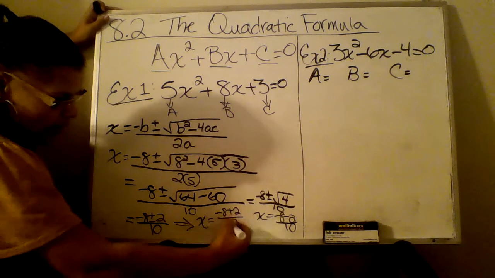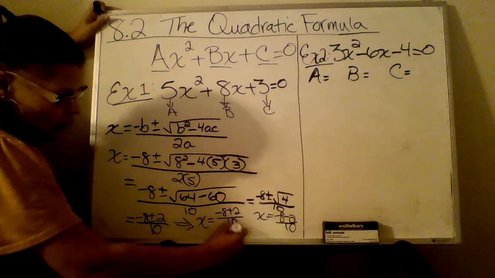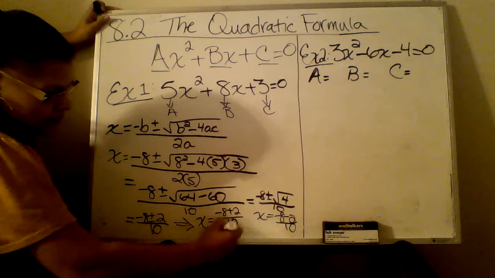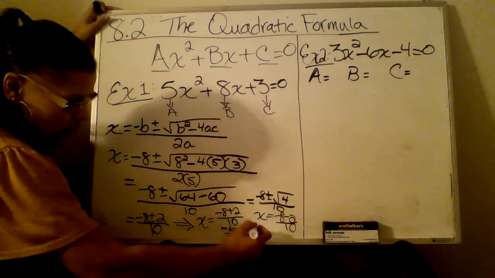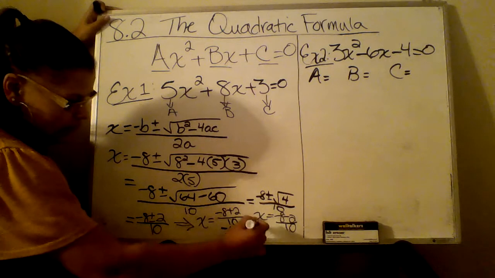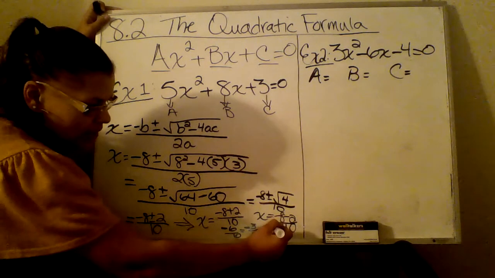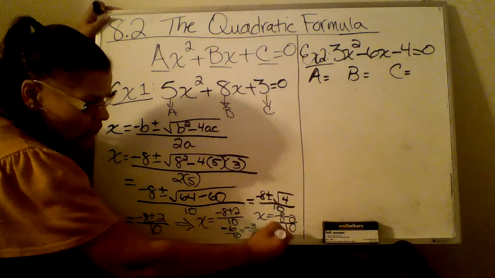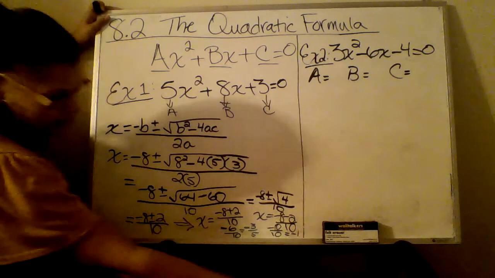Right here we have negative 6 over 10, which simplifies, dividing by 2 and 2, to negative 3 over 5. And on the other one we have negative 10 over 10, which is just negative 1.